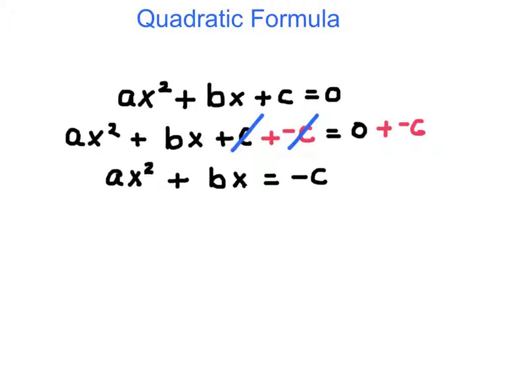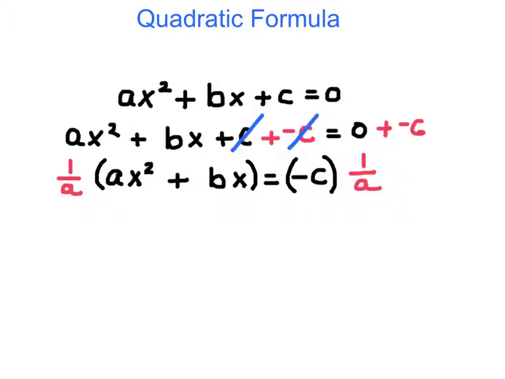So my next thought is I want to get rid of the a that I have right here. One way to do that is to take the entire left-hand side and the entire right-hand side and multiply it by the multiplicative inverse of a, 1 over a.